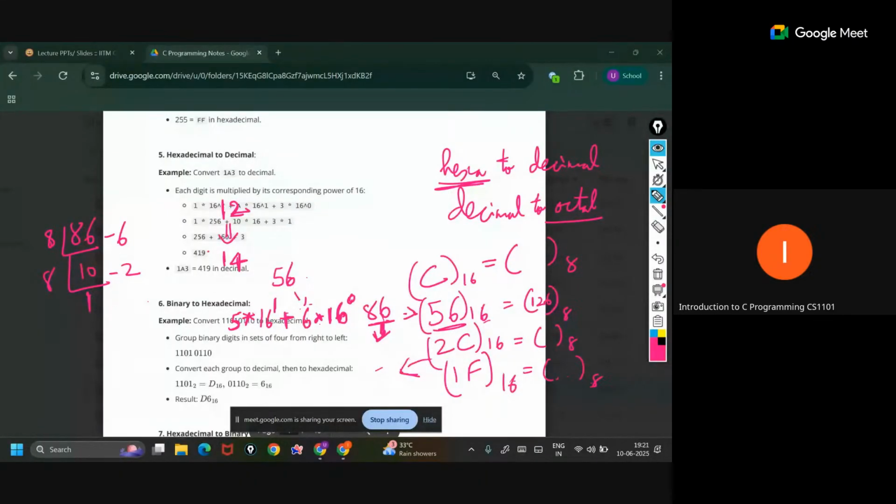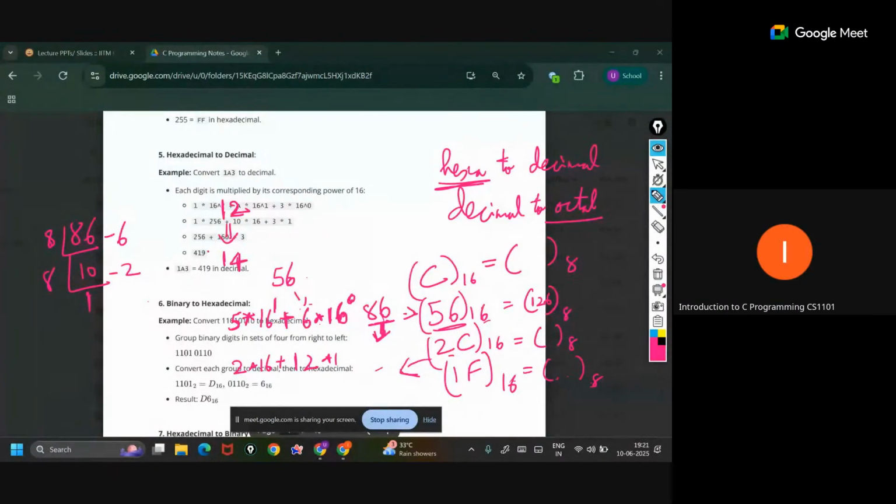So next is 2C. C is 12, and the value of 2 is 2 only. So 2 into 1 plus 2 into 16. What is the value? 44.